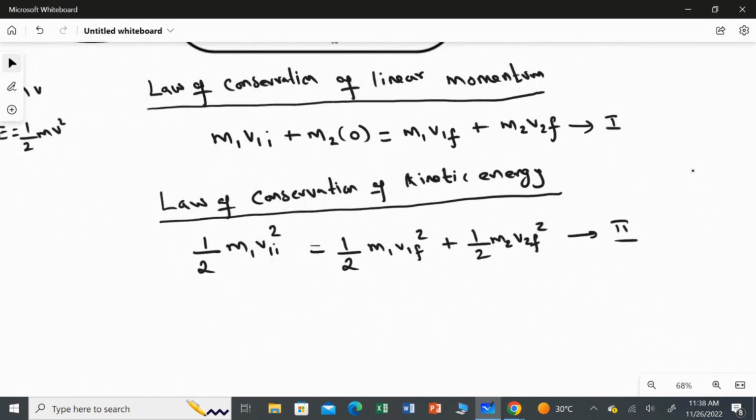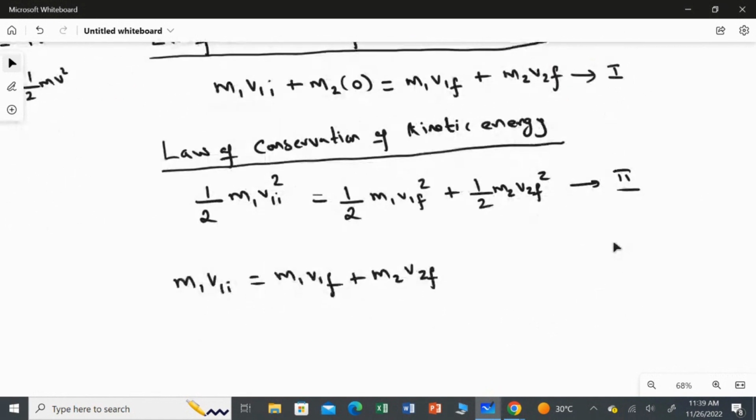Now I'm going to work with the first equation. Better I can write the first equation here one more time, so it will be easy to get the clear picture. Clear? So m1 v1I equal to m1 v1 final plus m2 v2 final. Here I'm going to move this term to the left hand side. These two terms have mass 1, so I can take mass 1 as common.